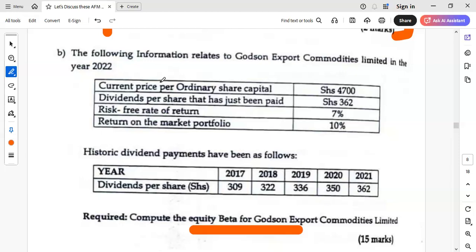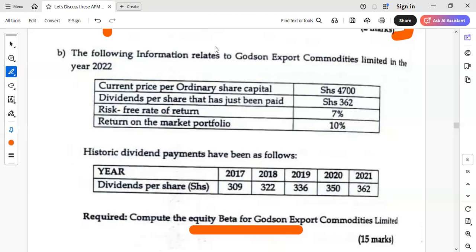The moment you see dividend, your mind should immediately think about Gordon's model, not the CAPM model. You use Gordon's model to get the cost of equity, and you will substitute that cost of equity in the CAPM formula to get equity beta.